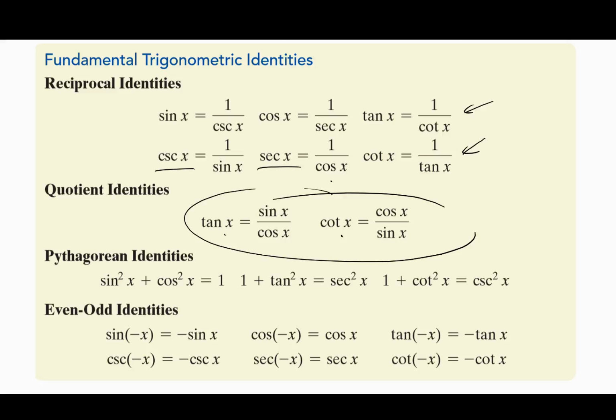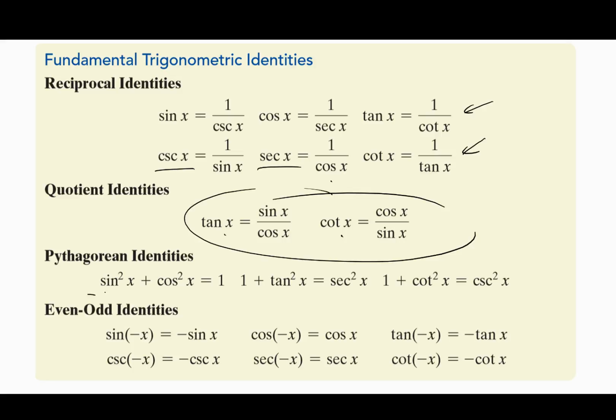The Pythagorean identities are: sine squared plus cosine squared is equal to 1; 1 plus tangent squared is equal to secant squared; and 1 plus cotangent squared is equal to cosecant squared. These are great the way they are, and that's a good way to remember them. You also can rearrange them.